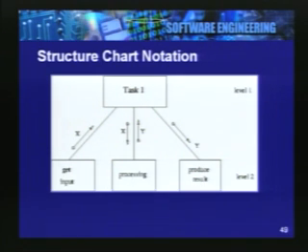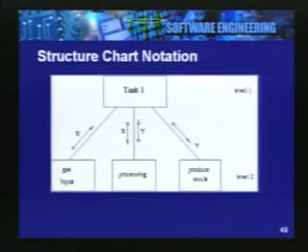So, the structure chart shows modules as rectangles and links among them representing the call relationships. These modules call each other to perform their overall tasks. As you see here, the task 1 invokes the get input module.